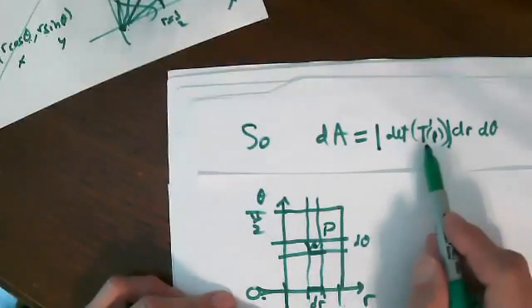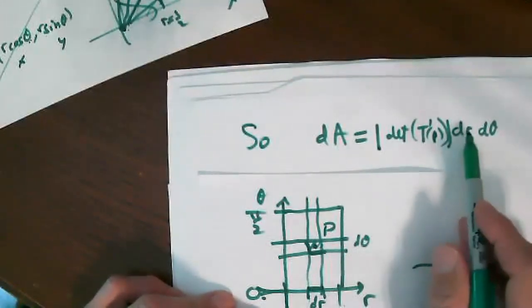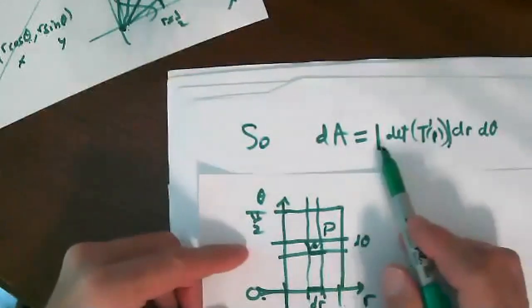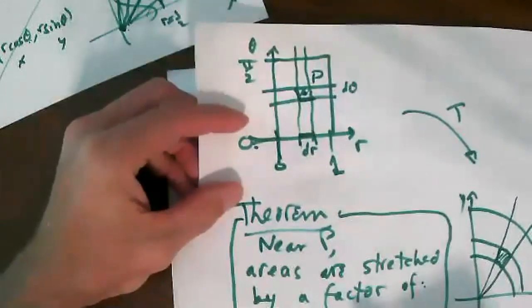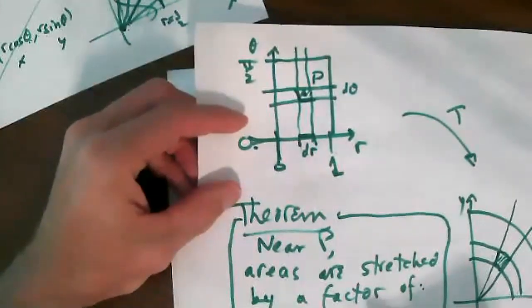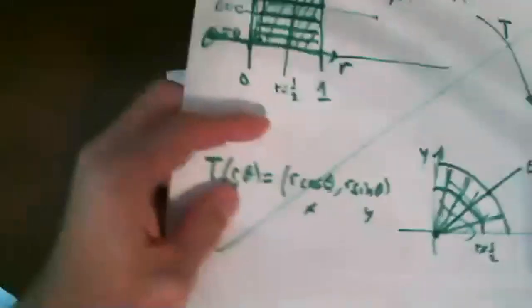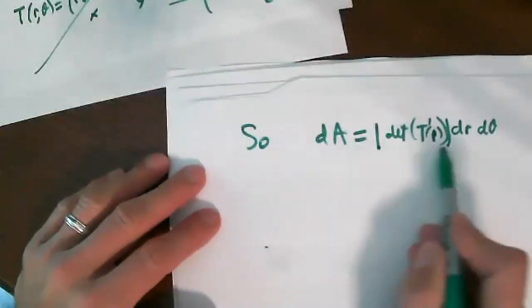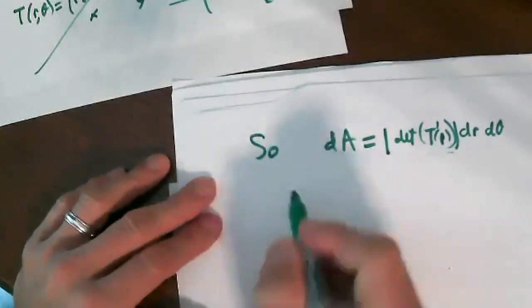I told you last time you needed to replace it by just r dr d theta, and now I'm telling you something that looks a little different, but it only looks different because I tried to put it into a more general context. If you retreat to the very particular context of using polar coordinates, then I have an explicit formula for capital T, and that will allow me to calculate what this fudge factor should be.